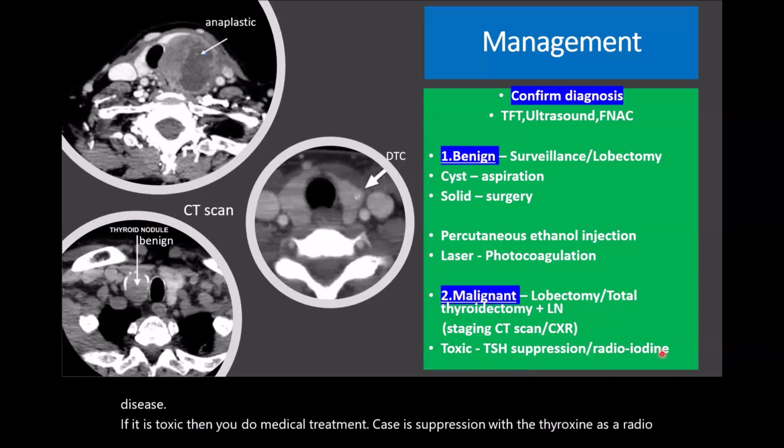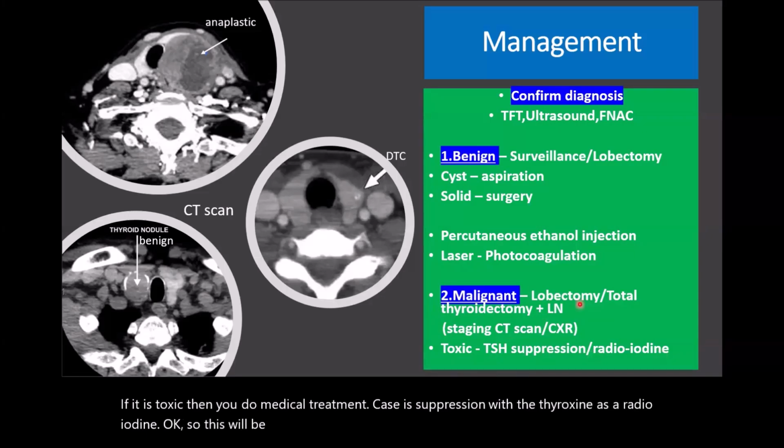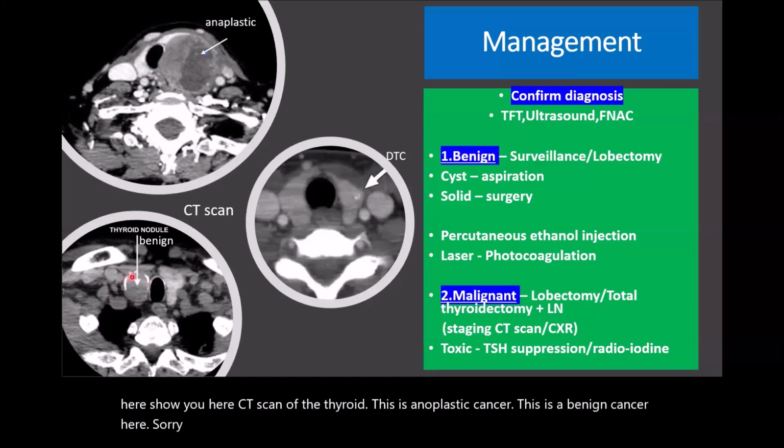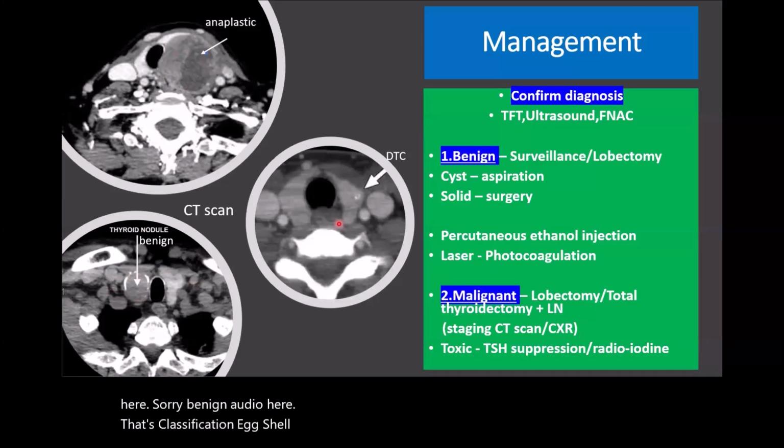Okay, so this will be important to summarize your treatment. And these pictures here show you the CT scan of the thyroid. This is anaplastic cancer. This is a benign nodule here. There's calcification, eggshell calcification. And here's a papillary carcinoma in the left lobe.